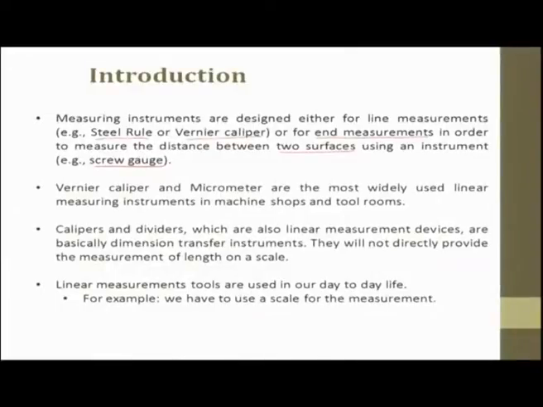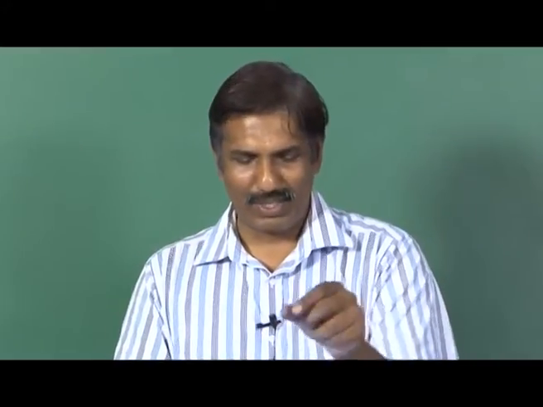Same with divider. They are basically dimension transfer instruments. They will not directly provide the measurement of length on a scale. You push it inside, note down the diameter, pull it out, take it to a scale, and measure it.